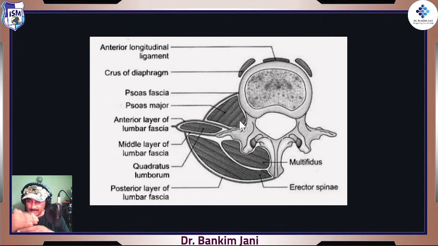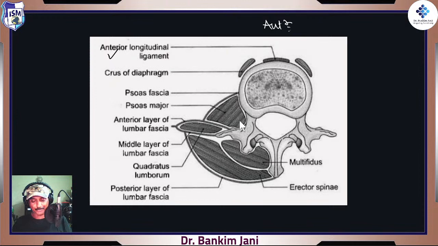When the vertebrae are stacked one over each other, this is anterior. For the stability of all those vertebrae, there is a ligament on the anterior side connected to the body of all the vertebrae, and that is the anterior longitudinal ligament. Not a very big thing. In any case, we'll be watching the crus of the diaphragm.